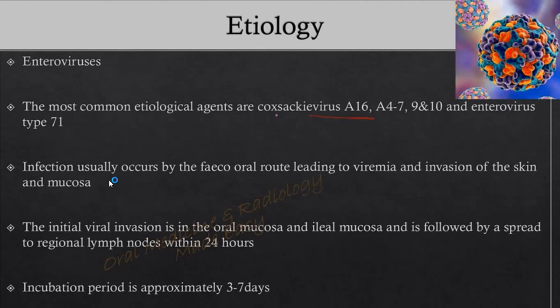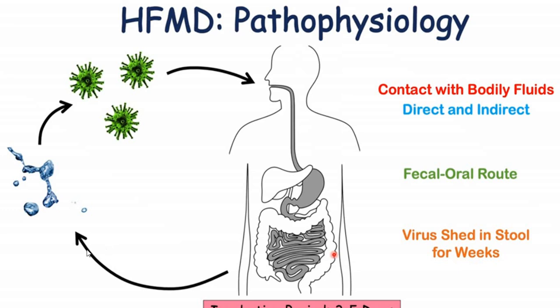The route of transmission is the fecal-oral route, which leads to viremia and invasion of the skin and mucosa. Initial viral invasion is of the oral mucosa and ileal mucosa, followed by spread to the regional lymph nodes within 24 hours. Incubation period is approximately 3 to 7 days. So you can see that it enters through the oral cavity, mainly by contact with body fluids, direct or indirect.